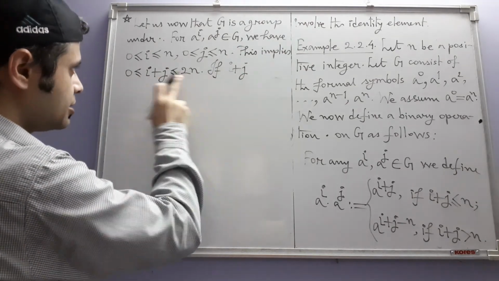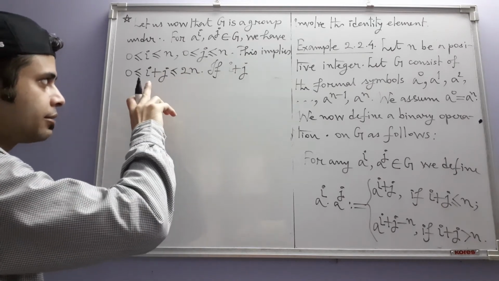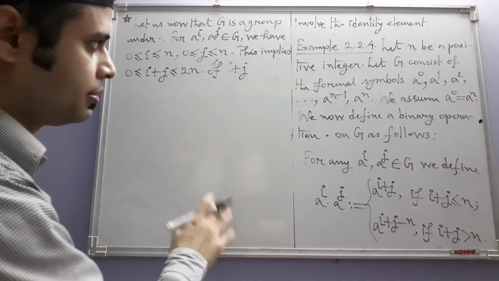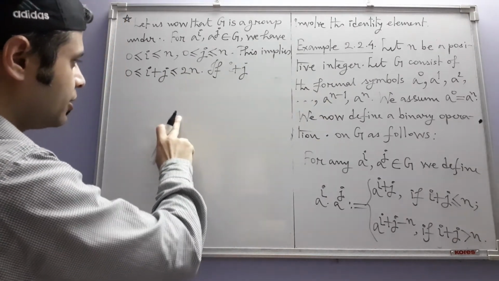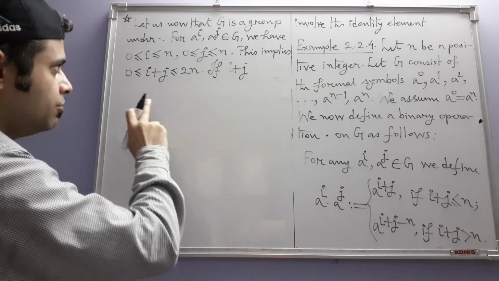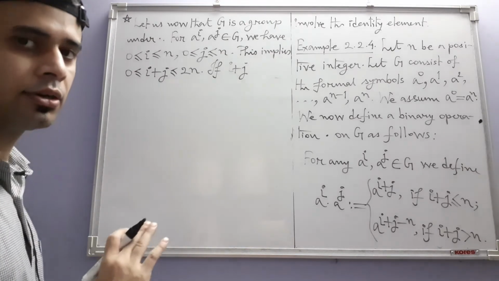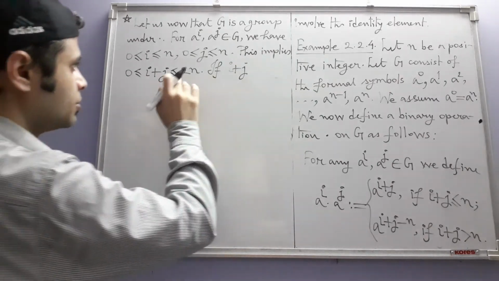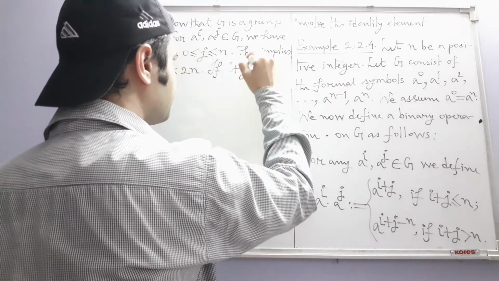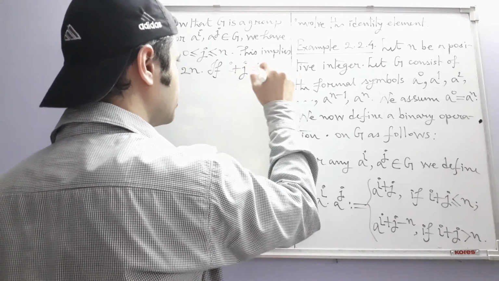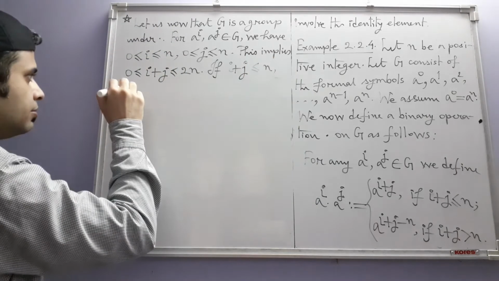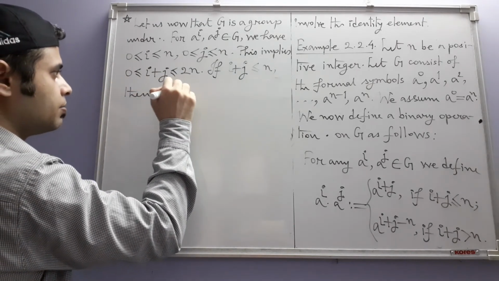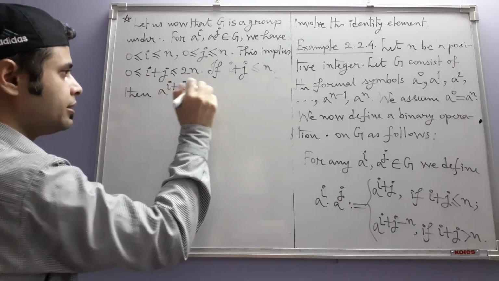But here there is a possibility that i plus j can be greater than n. Then if we write a to the power i plus j without knowing whether it is greater than n or not, we can't immediately say that a to the power i plus j will be in G. So if i plus j is less than or equal to n, then a to the power i plus j belongs to G, and there is no problem.